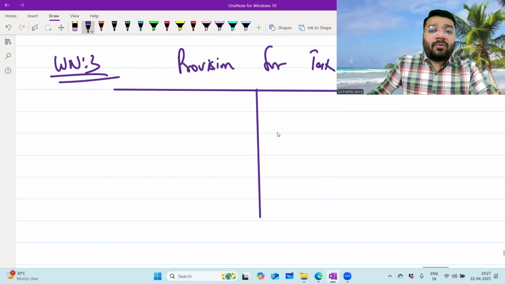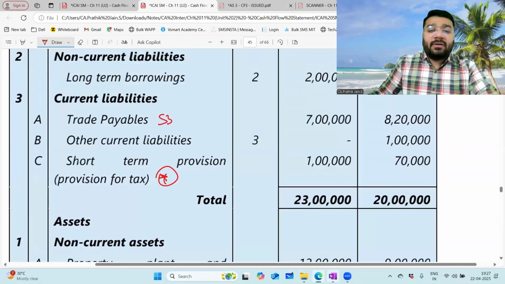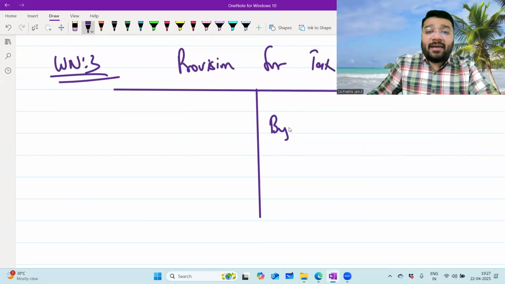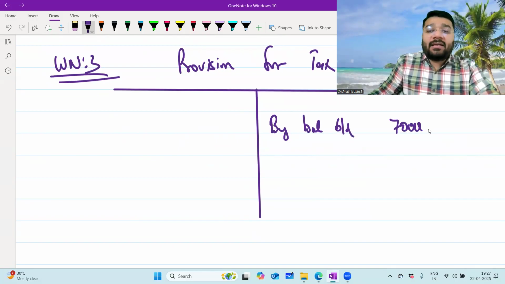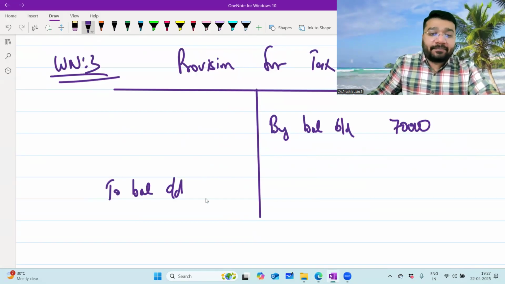Now, provision for tax, what balance? Credit balance. Opening balance comes on credit side, 70,000. By balance brought down, how much? 70,000. To balance carried down, how much? 1 lakh rupees.